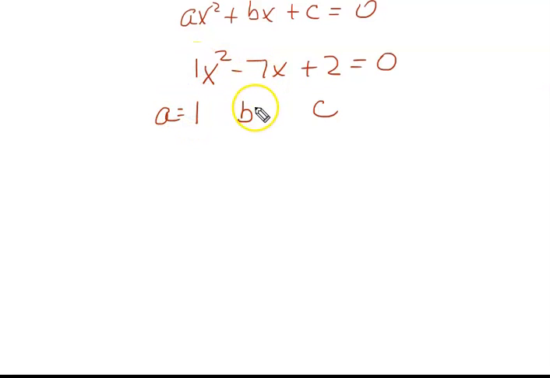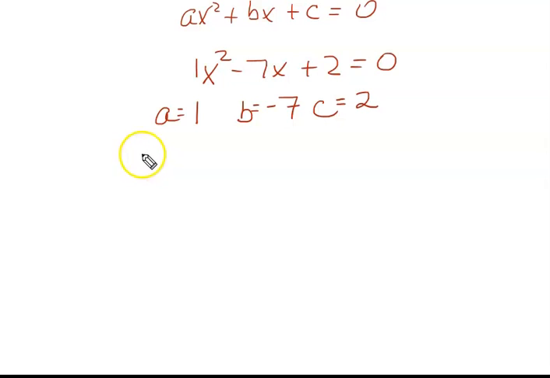Our B term is a -7, and our C term is a +2. So that's step 1 of this example.